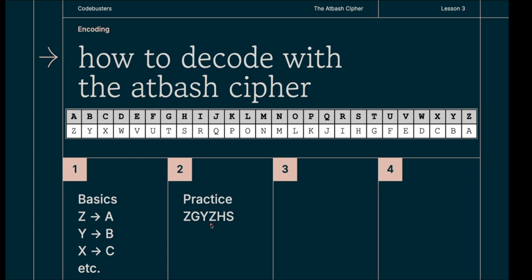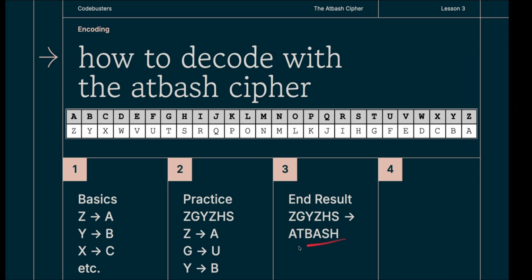The first letter, Z, decodes to A, then the second letter, G, decodes to T, the third letter, Y, decodes to B, the fourth letter, Z, decodes to A, the fifth letter, H, decodes to S, and the sixth letter, S, decodes to H. After all of that, you get from this line of gibberish to the decoded word Atbash.